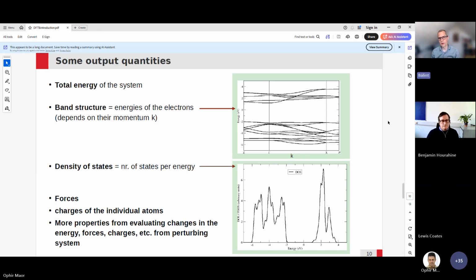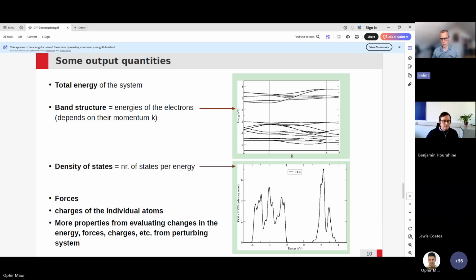If you think about electronic properties, for example for semiconductors, it's very important to know what the band structure of the system looks like, which is basically the possible energies of the electrons in the system. And if you ever learned anything about semiconductor physics, then you might know that these energies depend on the momentum of the electrons.